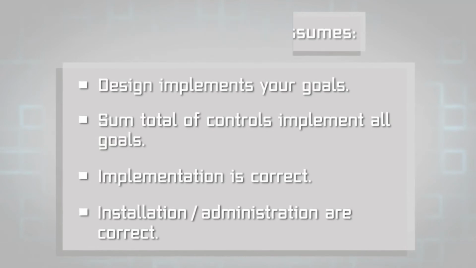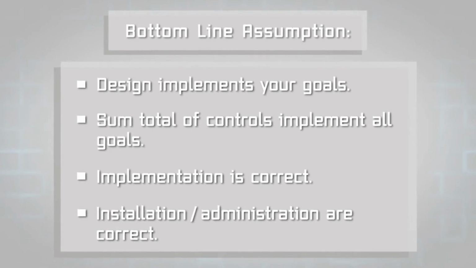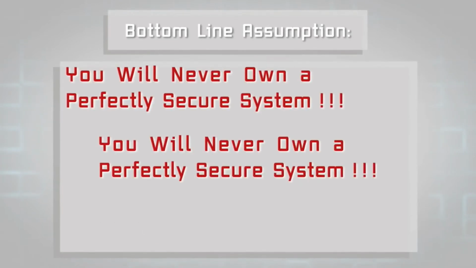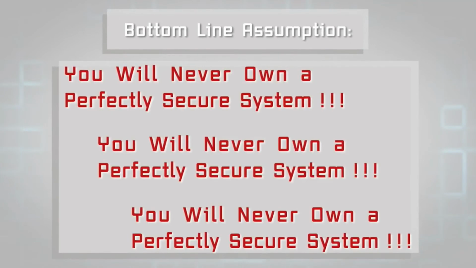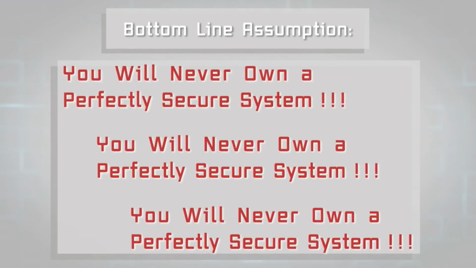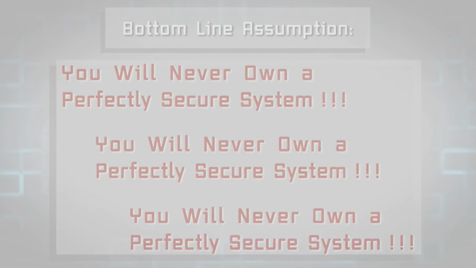That being the case, the bottom line assumption you should make in designing any security system is that you'll never be 100% perfectly secure. And I say that over and over again. This is not an end state that you should expect to achieve. So what do you do in those circumstances?